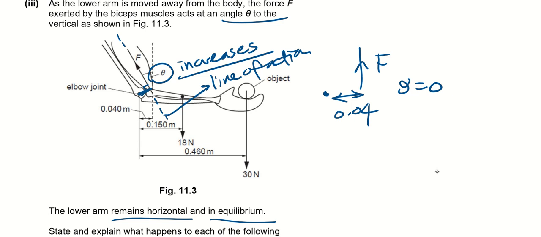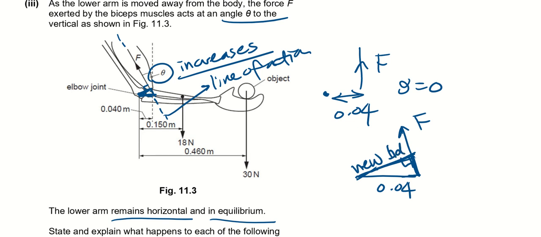Yes, because if I were to blow it up a bit into a bigger diagram. This is my F. Before that, it was still 0.04, but now this is the new perpendicular distance.